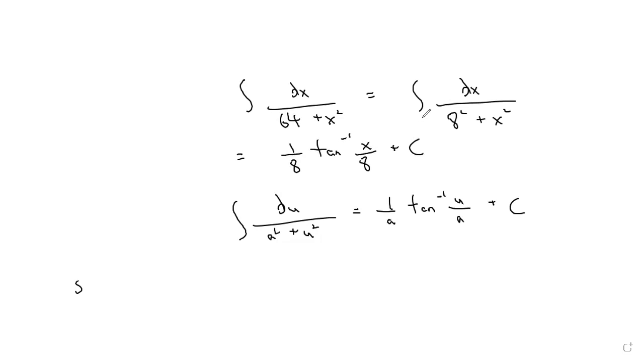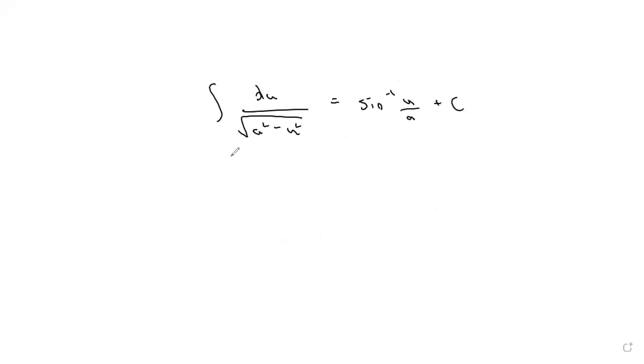So number 7. Again, just for room, I'm going to get rid of this, and I'll write down the sine formula. The sine formula is the integral of du over square root of a squared minus u squared equals sine inverse of u over a plus c.